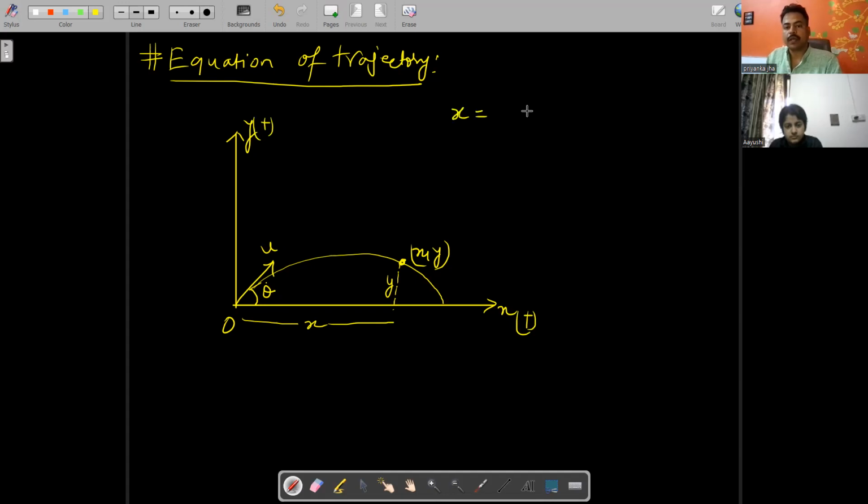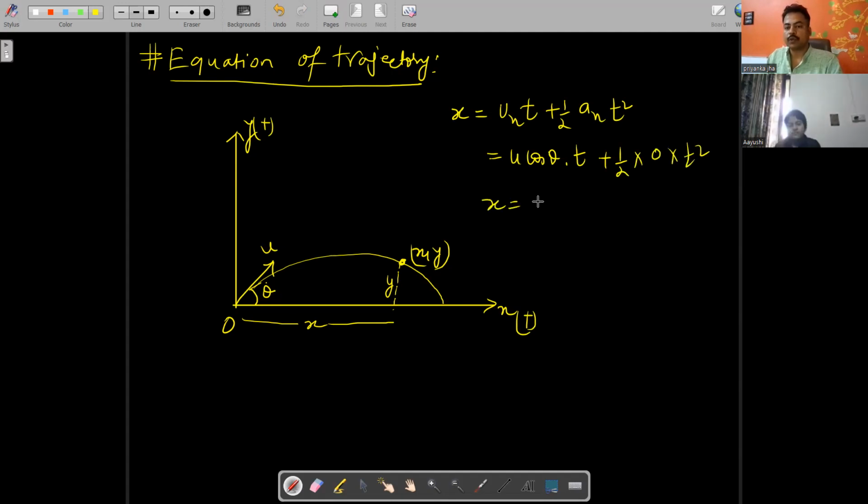Displacement along the x-axis would be ux, the initial velocity along the x-axis, into time, plus half into the acceleration along the x-axis into t square. We know that ux would be u cos theta into time plus half; there is no acceleration along the x-axis, so this is 0.